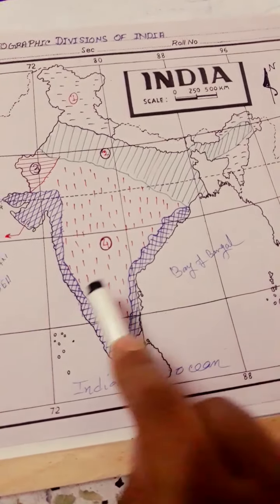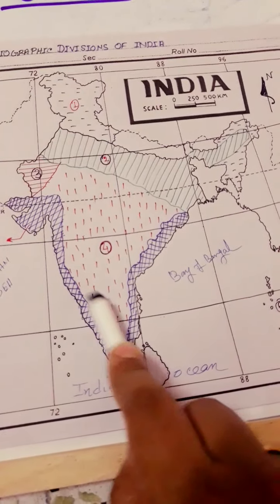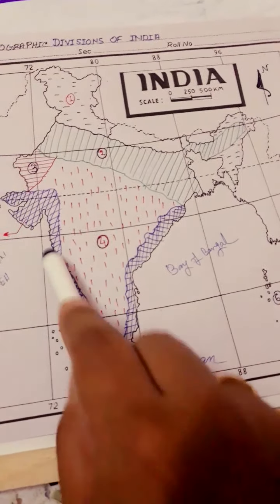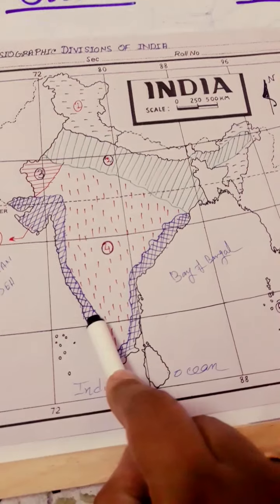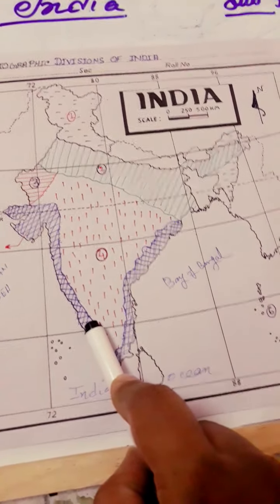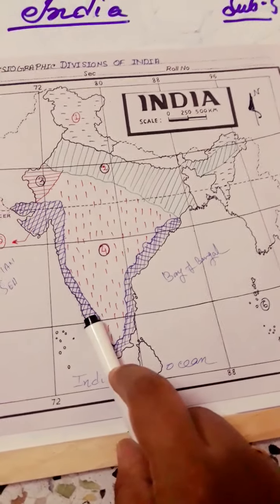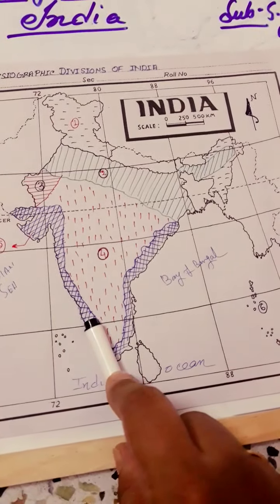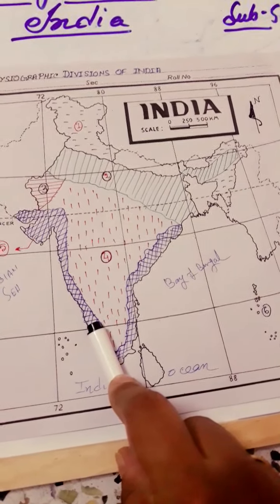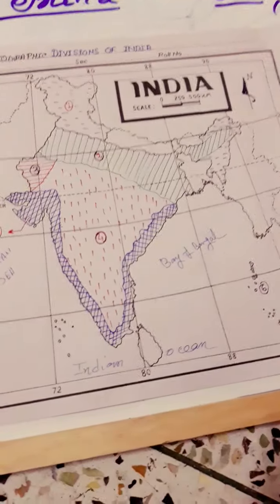The western coast, sandwiched between the Western Ghats and the Arabian Sea, is a narrow plain. It consists of three sections. The northern part of the coast is called the Konkan Coast. Next, the central stretch is called the Kannada Plain, while the southern stretch is referred to as the Malabar Coast.